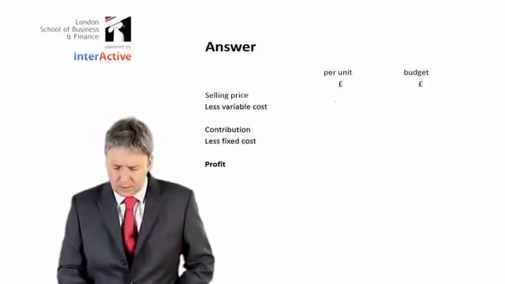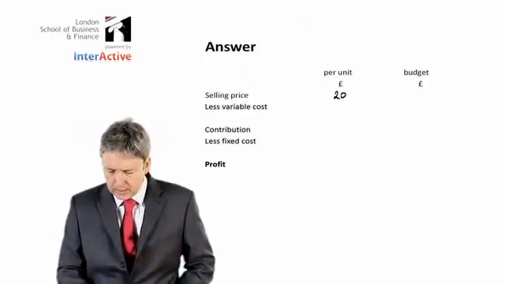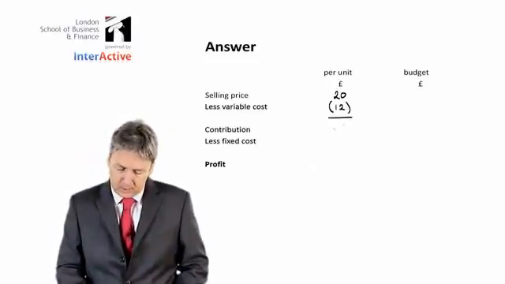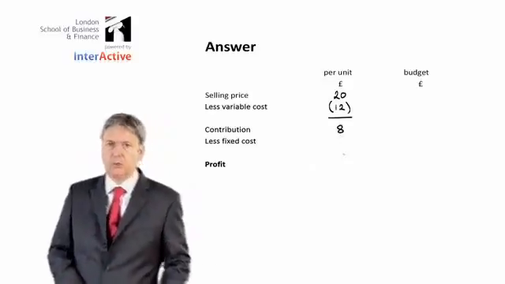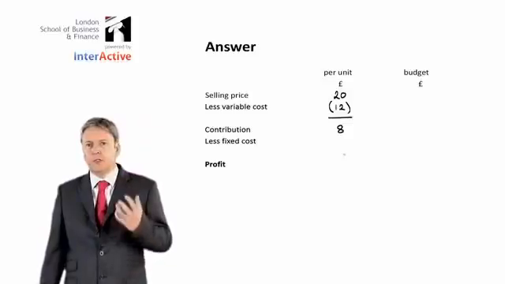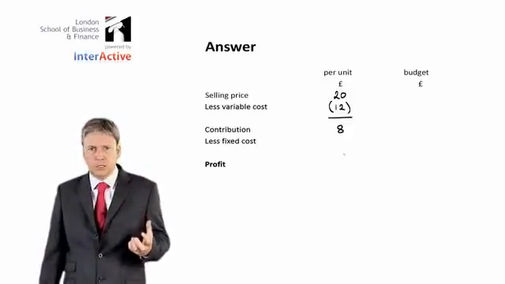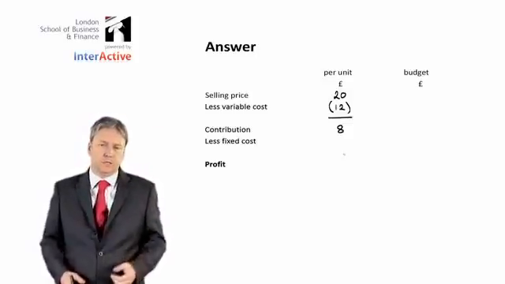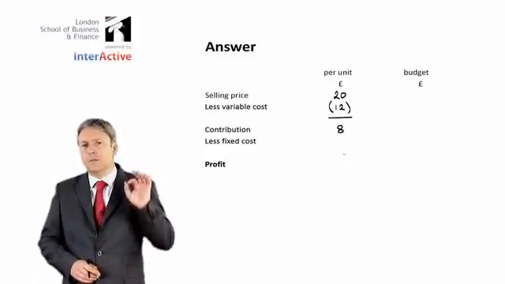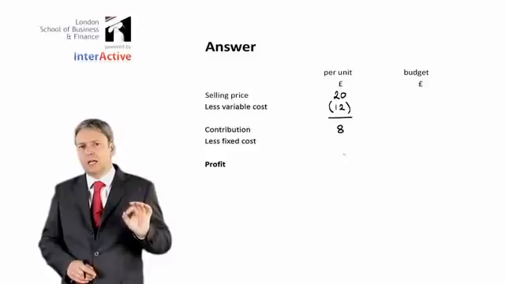By so doing, hopefully I can illustrate to you the things that I really want to look at. So what did we say? We said that the selling price was 20 and the variable cost was 12. If we offset the variable cost from the selling price, we get something called contribution. Now, contribution is central to everything to do with marginal costing. It's central in figurative terms, we're going to see that in a moment, but also because of the manner in which it may be calculated.